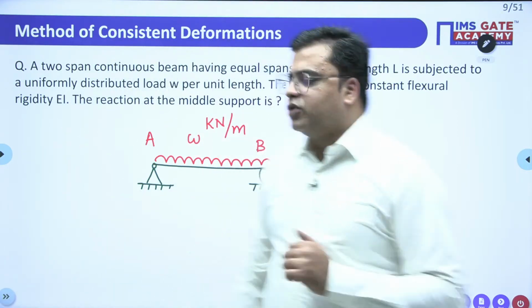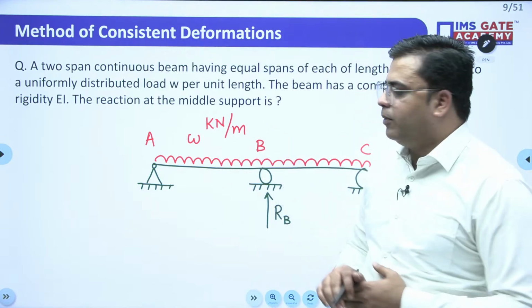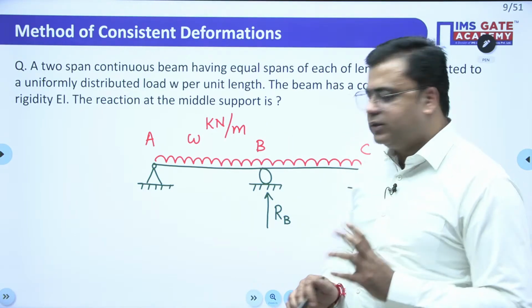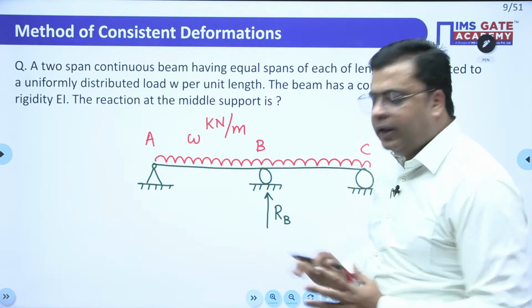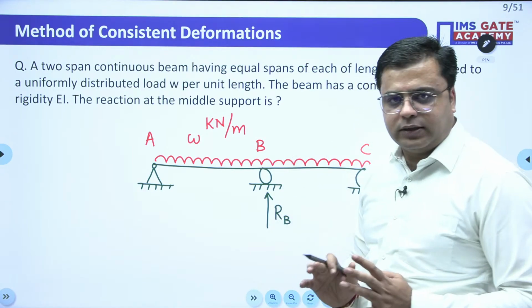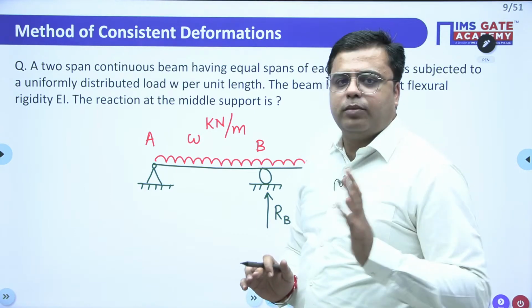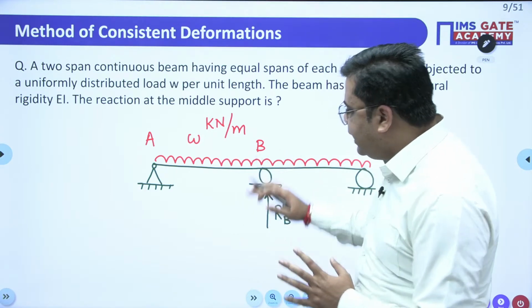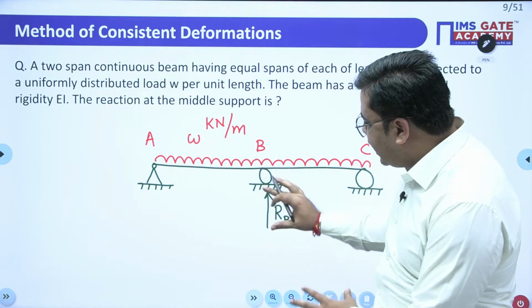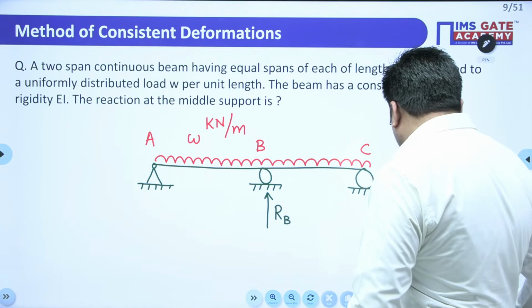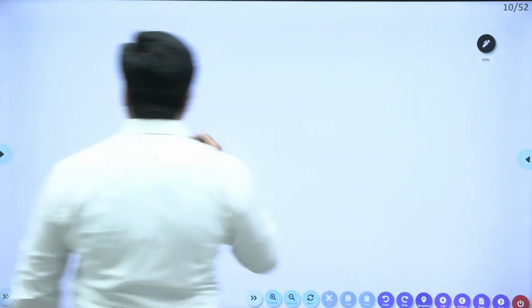For dealing with this question using the method of consistent deformation, first what you have to do is, whatever unknown force you need to determine, just release it from the system. That is, remove it from the system and take the deformation occurring due to loading. If you remove this RB, the kind of beam you are going to get will be something like this.